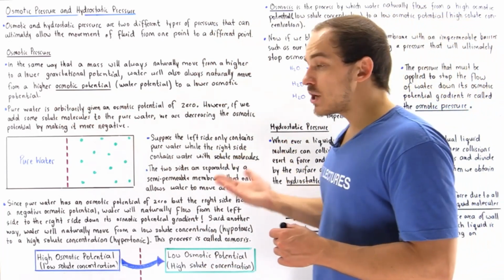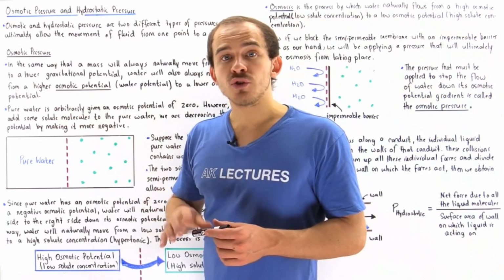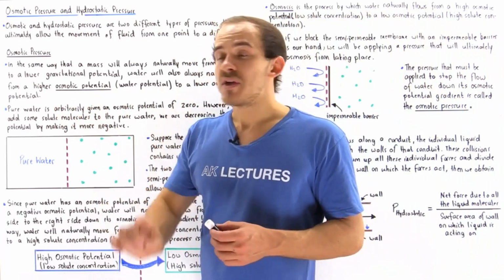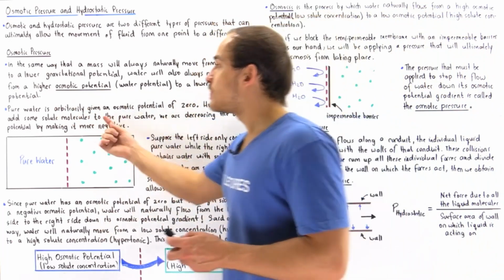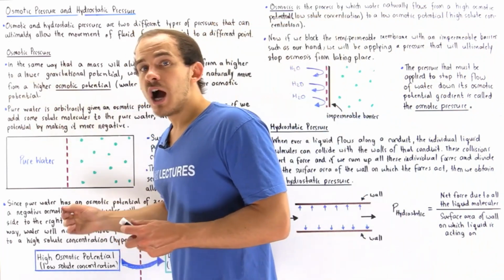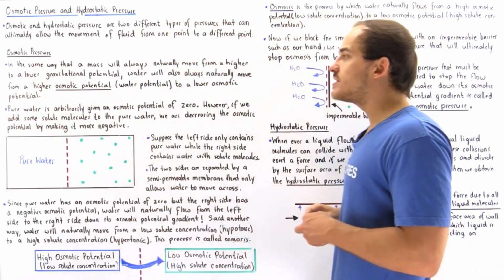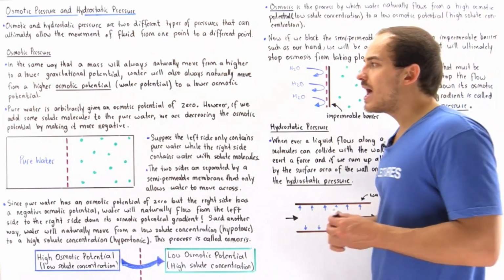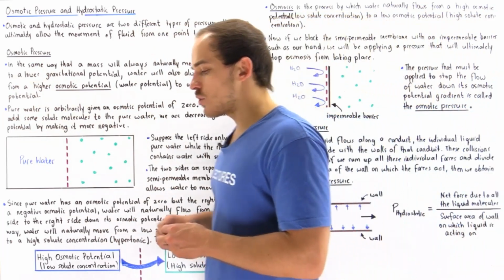Now, when an object, a mass, is on the ground, we define the ground to be a zero potential. And in the same exact way, we give pure water a value of 0 osmotic potential. So pure water is arbitrarily assigned an osmotic potential of 0.